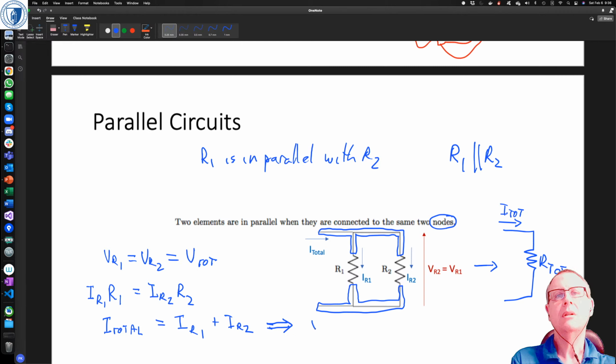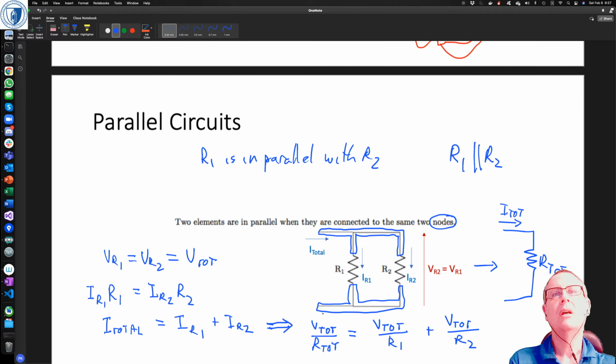I total is, using Ohm's law, V total on R total, and that equals VR1 on R1 plus VR2, which is also V total, on R2.